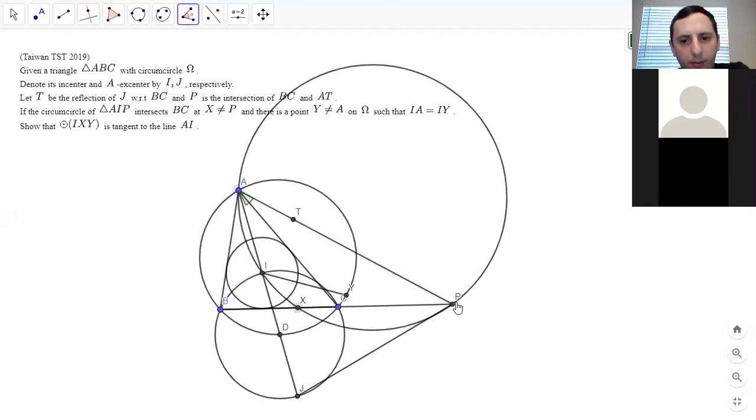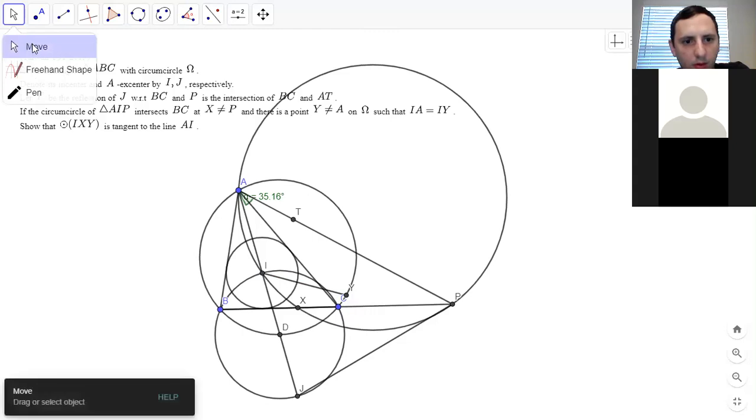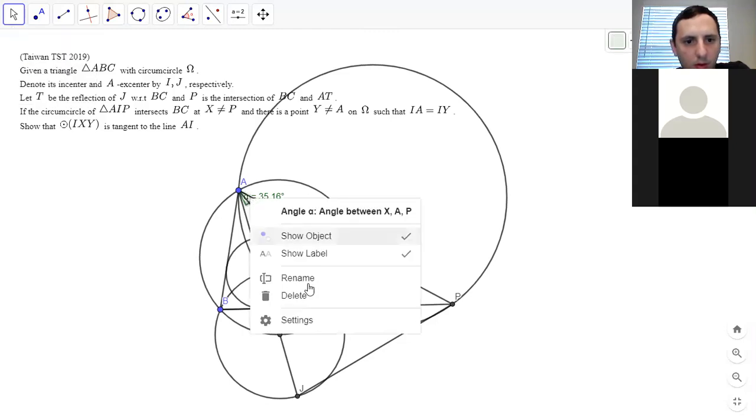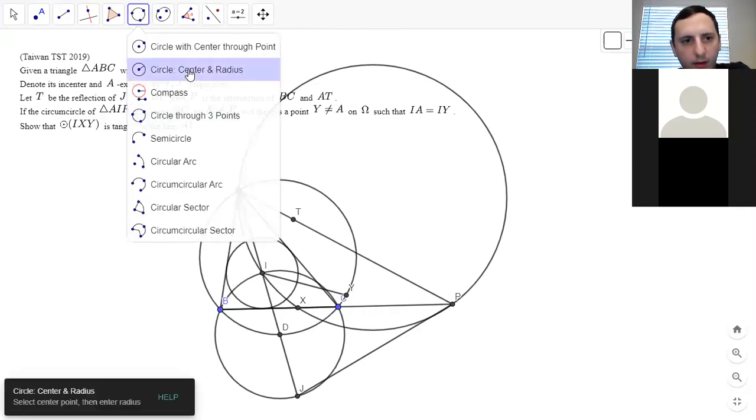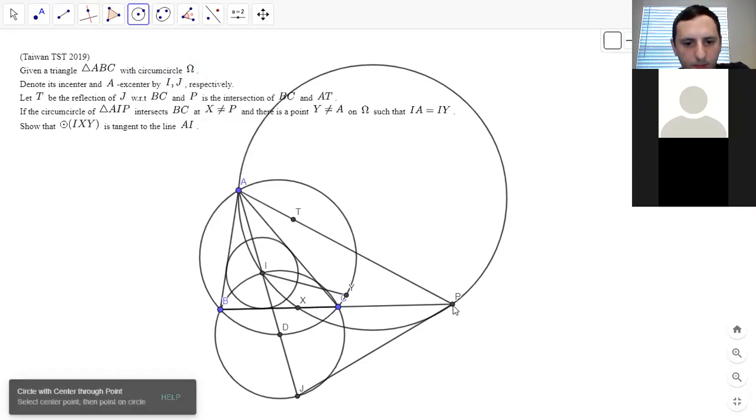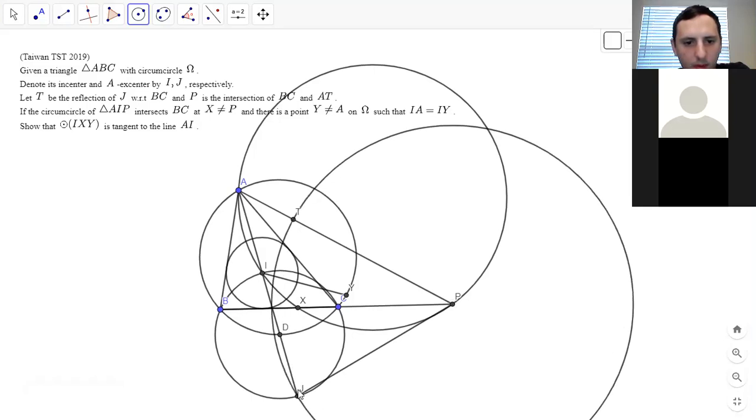IXY looks closer to being isosceles than AXP, but I'm not sure. But yeah, they are not similar. Does PD equal PJ? Doesn't look isosceles to me, but let me check. No, but maybe PJ equals PT. Oh yeah, of course PJ equals PT. That's obvious.